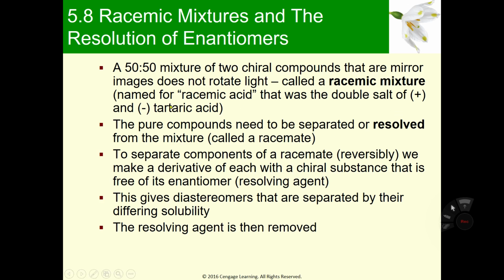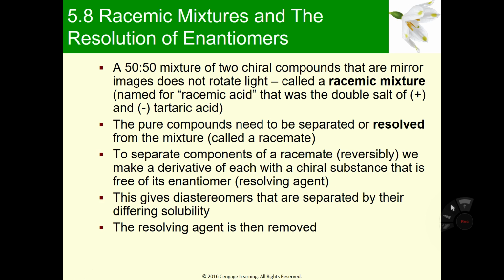If you have a one-to-one ratio of plus and minus enantiomers, people try to separate them because we know that only one of them is biologically active, and even the other one can be an inhibitor for the other enantiomer.